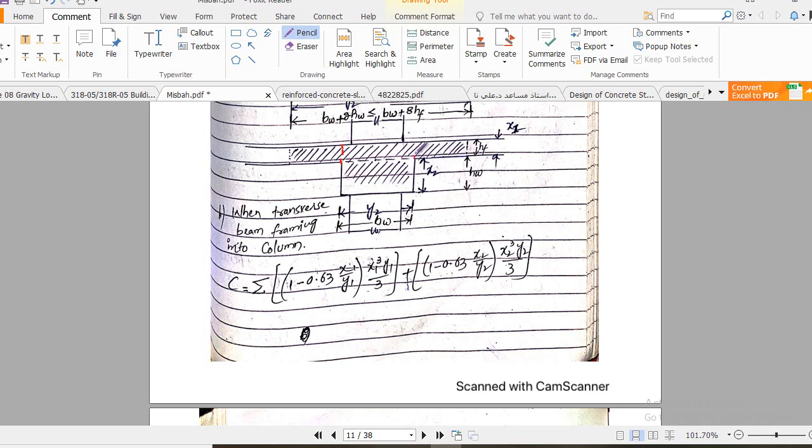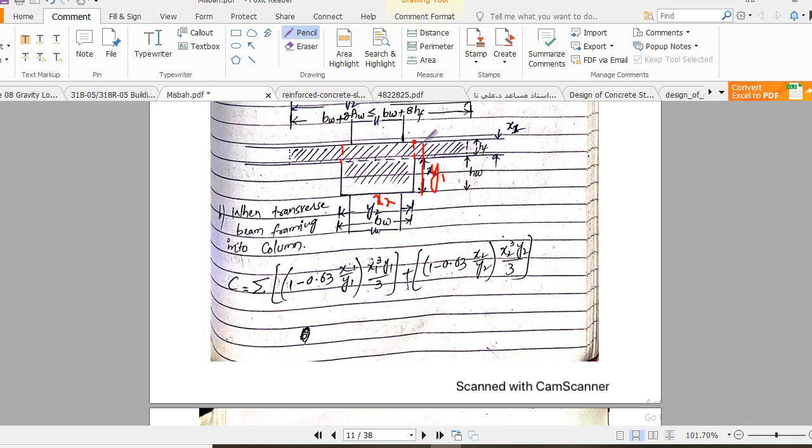Sometimes we divide this section with this option. Here you see y2 is this one and x2 is this one. But remember, if you are using this one, if this y2 is greater than, let's say, this distance is greater than this one, then this will be y2 and then this will be x2. Remember, this is very important.